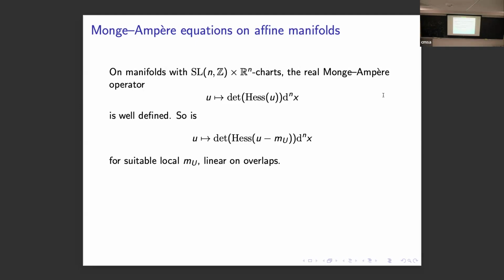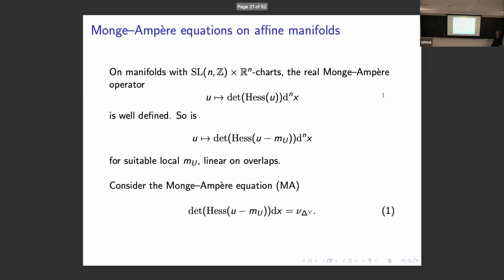So this turns out to be the right thing, and it's going to be linear on the overlaps, so it's still well defined, but it's only piecewise linear. I mean, it's going to be non-differentiable on this codimension 1 part. So that's our pair operator, and the partial pair equation that we will consider is now this one.